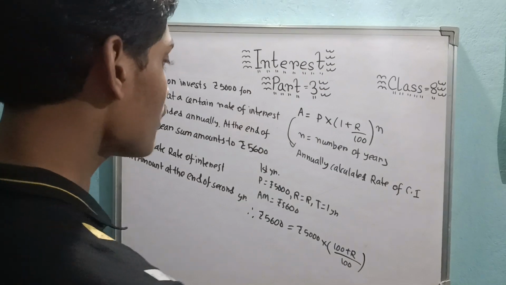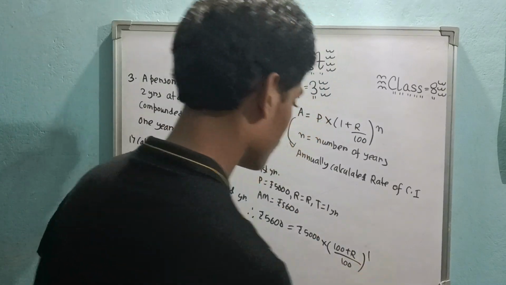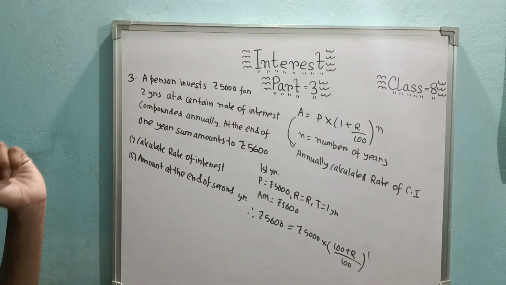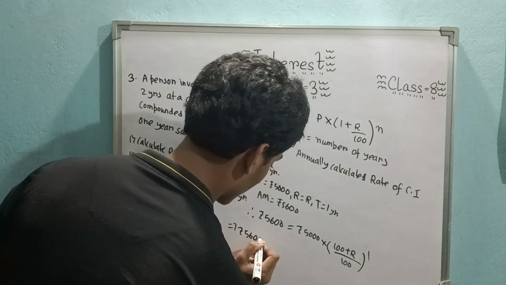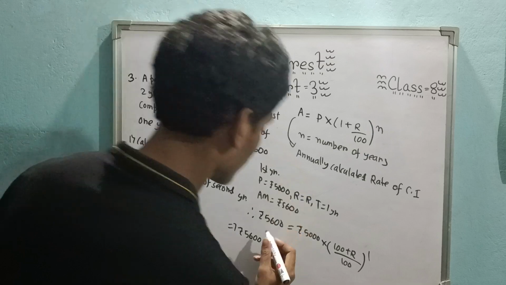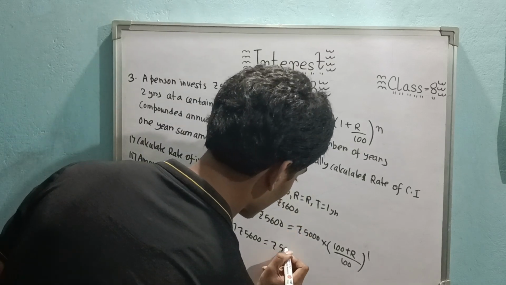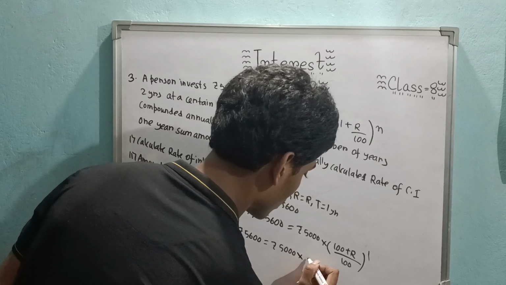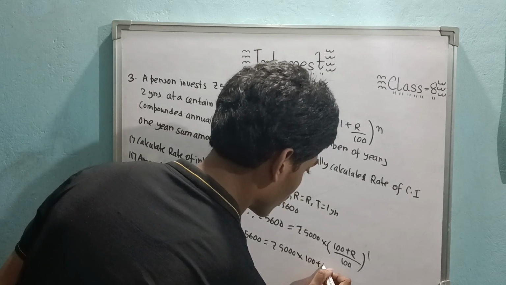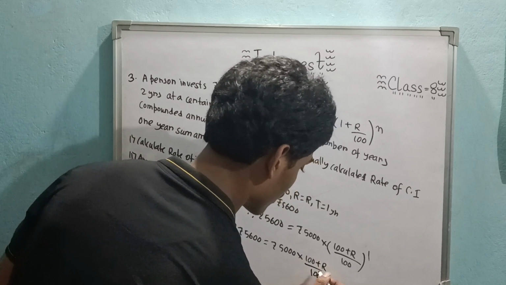N is the number of years, here our time is 1. So 5,600 equals rupees 5,000 into 100 plus r by 100.